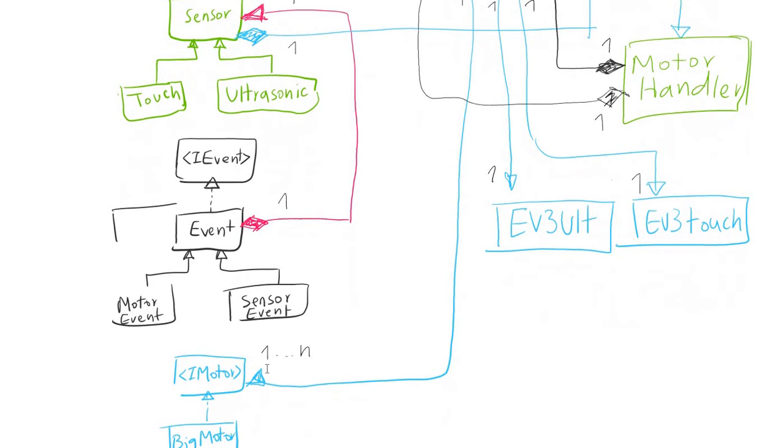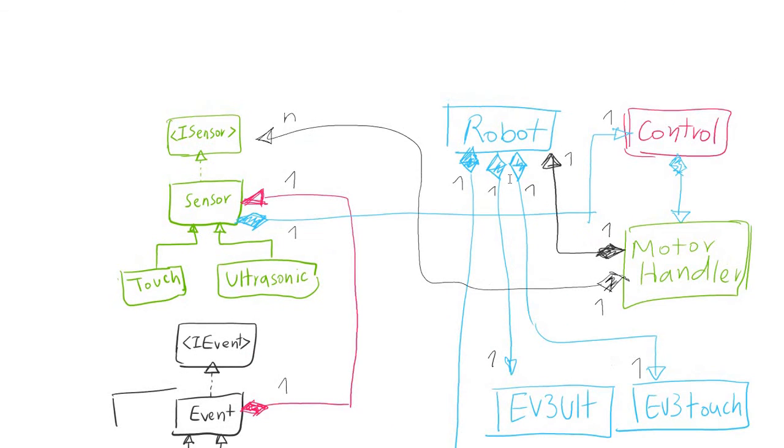A robot can have either at least one or more than one motors. A robot can have an ultrasonic sensor, and it has only one ultrasonic sensor. In this case, I want to have just one ultrasonic sensor, or it can also have just one touch sensor.